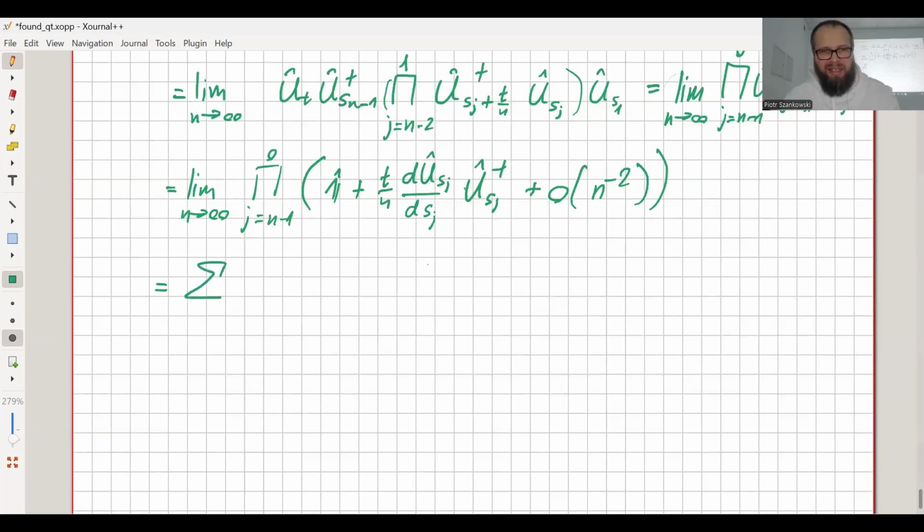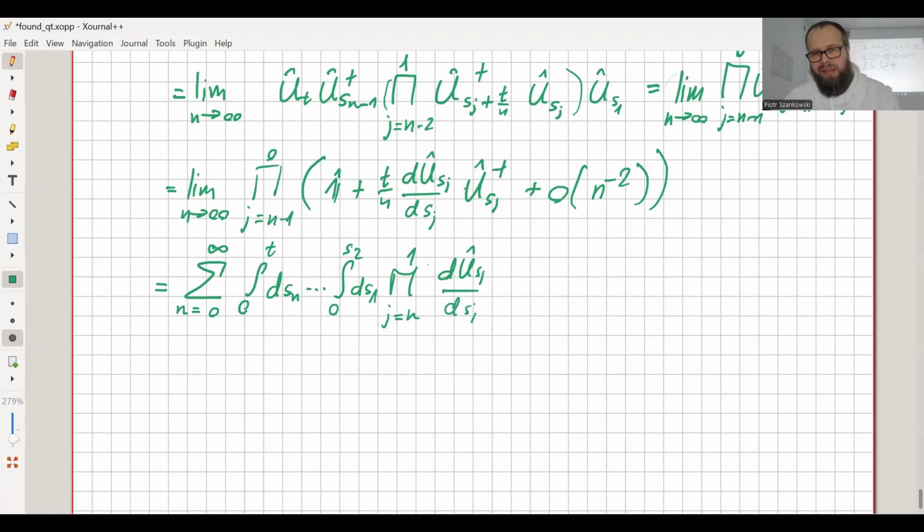It is nothing else than an exponent, although in this case it is a time-ordered exponent. So you can write it as the exponential of the integral from 0 to t of ds, the time-ordered product of the derivative of U(s_j) times U(s_j) dagger, or, using compact notation, dU_s U_s dagger.